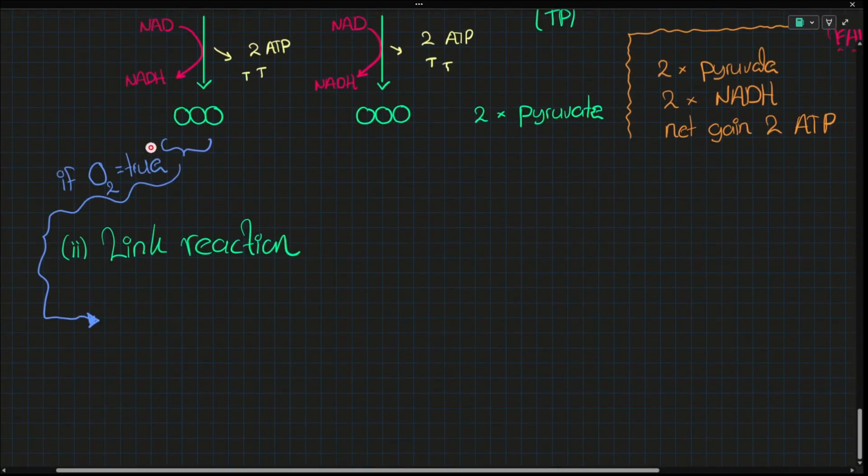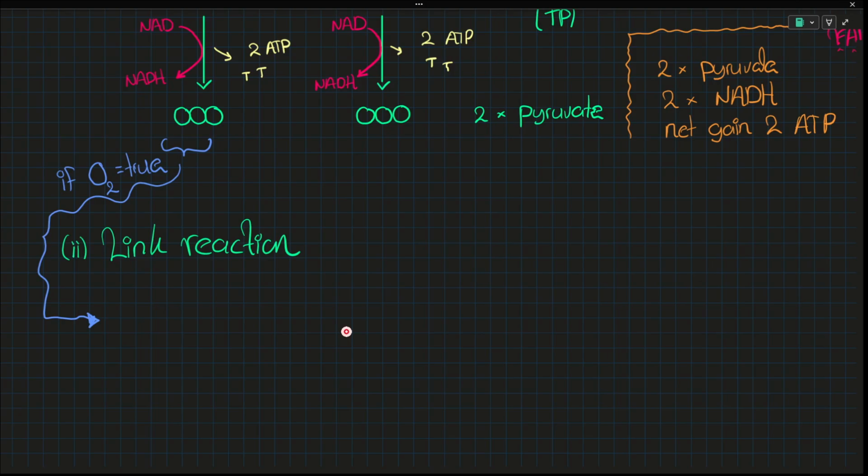So let's presume that yes, this condition is true. We do have oxygen and this is a perfectly aerobic condition. In that case, we will be moving on to the link reaction. Do you realize how I have just selected one pyruvate? We produce two pyruvate, but from this point onwards, we will only be using one of these pyruvates.